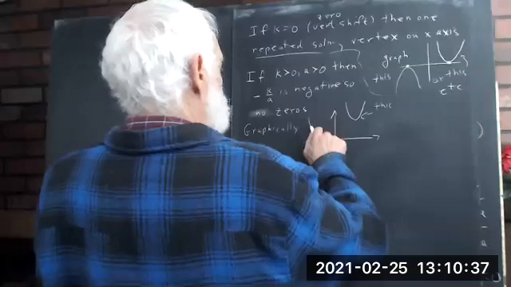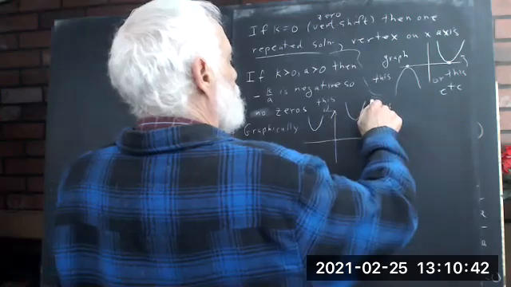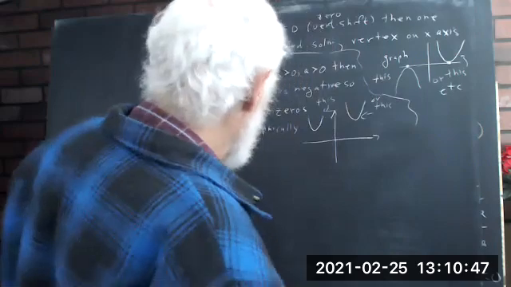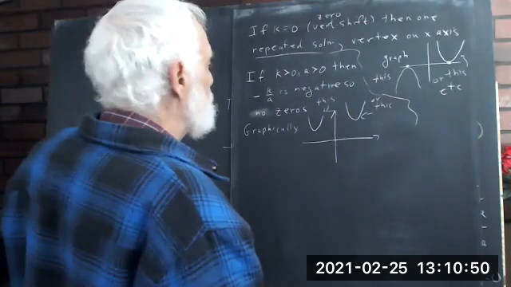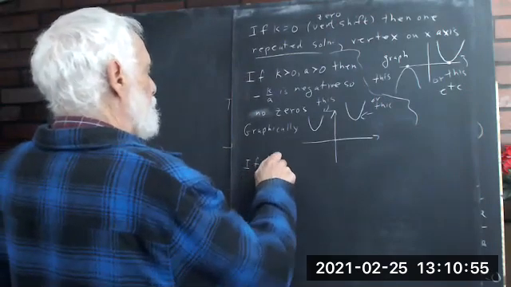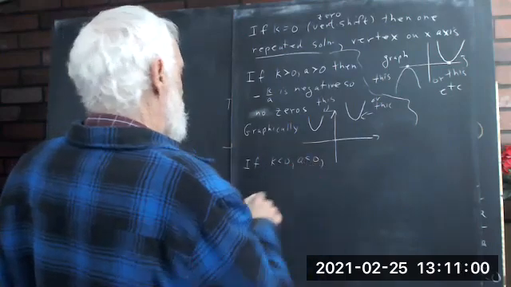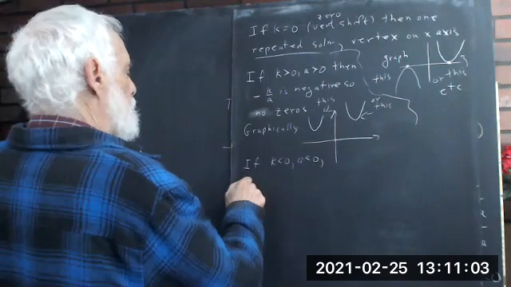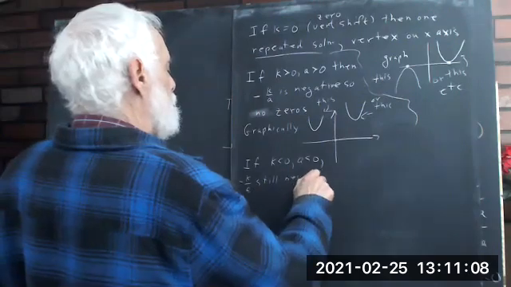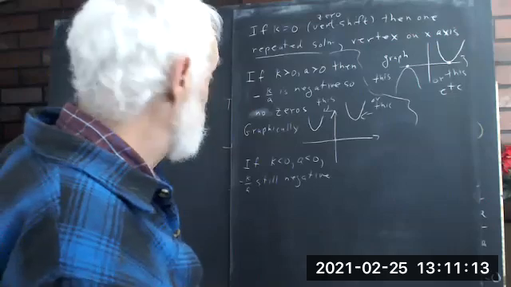So it could be this or this, or it could have a vertex on the y-axis as well. And then we can verify easily if k is less than 0 and a is less than 0, negative k over a is still negative.